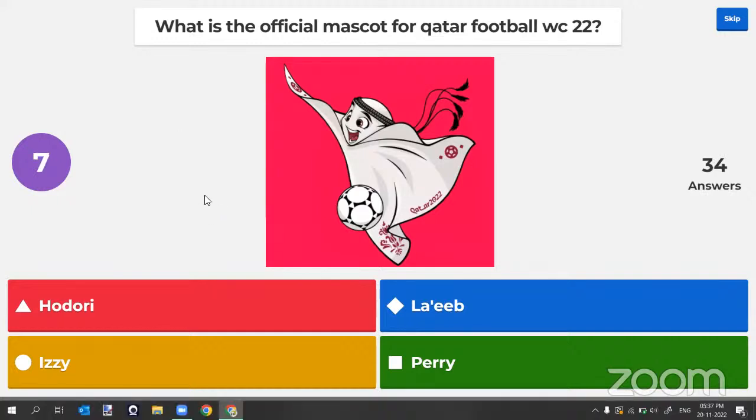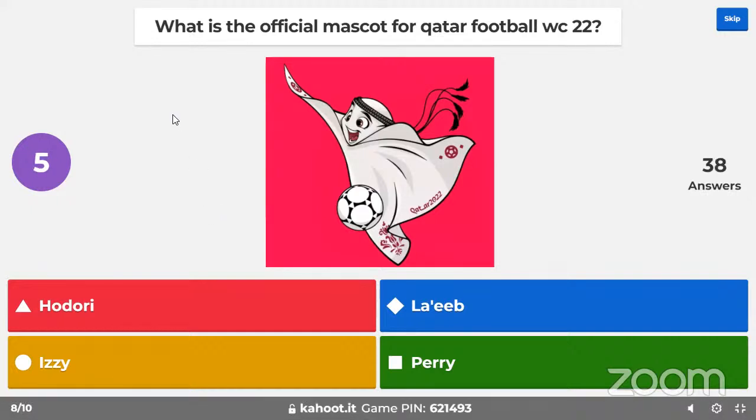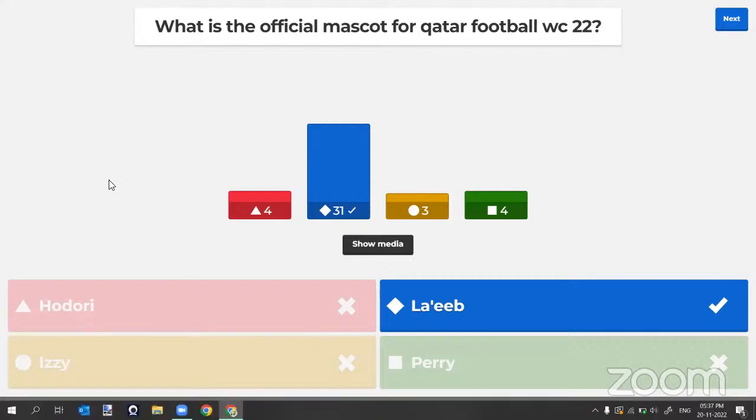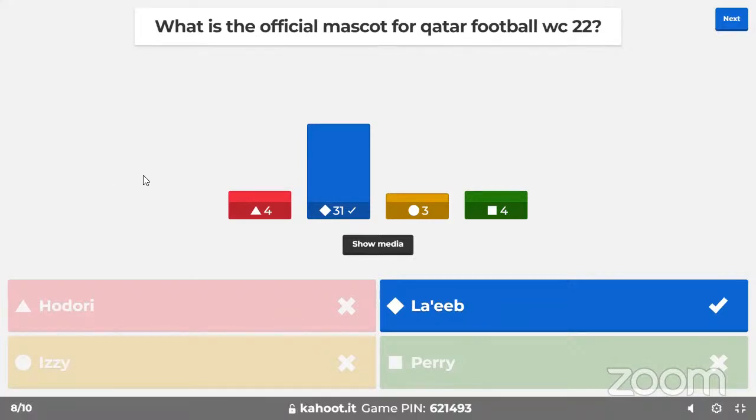All football fans out there, you need to go with the answer. Yes, I think the answer streak is high for this question. I guess there are more football fans here for this particular question. 31 among you have answered it correctly. So that was the 8th question.